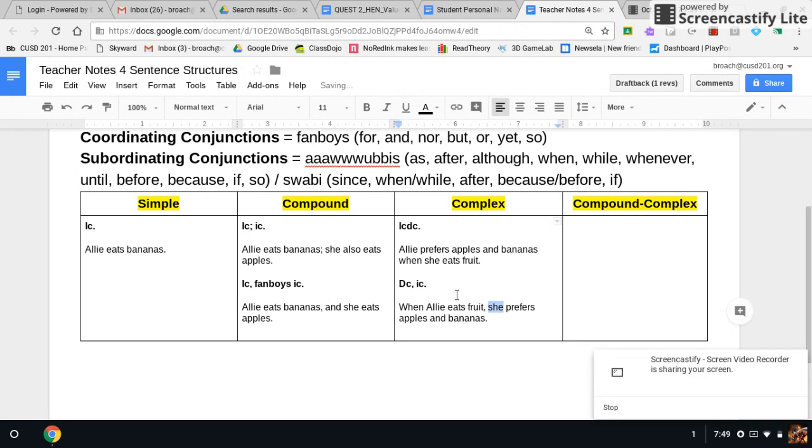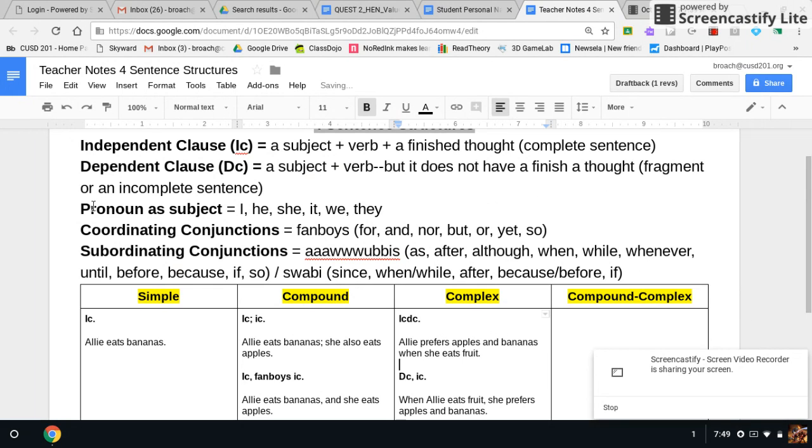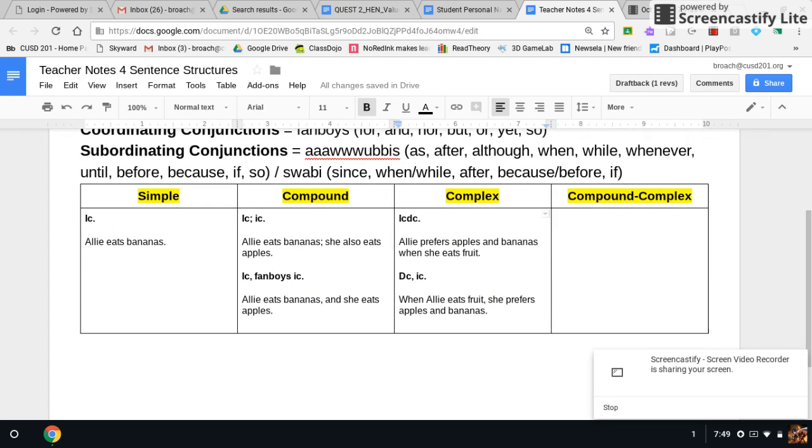Anytime you have a subject within a dependent clause, it's never going to be the subject of the sentence. It might be what or who the sentence is about, but when you're identifying the subject of a sentence, you have to look at who is doing the action. So yes, it's about Allie, but the pronoun she is the subject of the sentence.